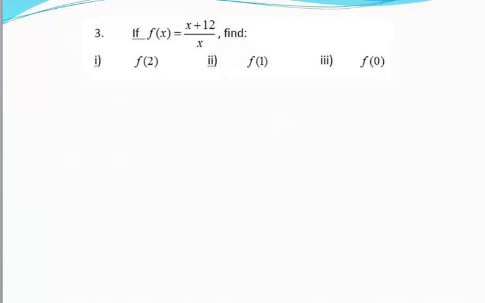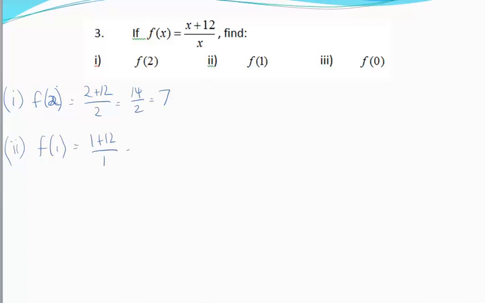So now we have a slightly more complicated equation. Function of x is x plus 12 divided by x. When our x is equal to 2, 2 plus 12 divided by 2, 14 on 2, is equal to 7. For 2, when x is 1, 1 plus 12 divided by 1 is 13 on 1, equal to 13.